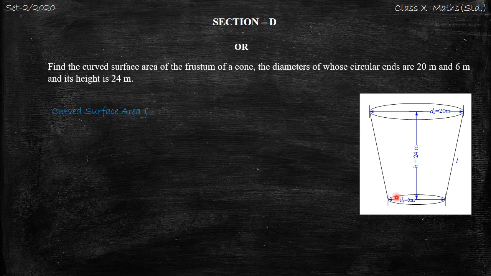There is a formula for finding the curved surface area of a frustum. Pi L times R1 plus R2, where R1 and R2 are the radii on either ends, and L is the slant height.